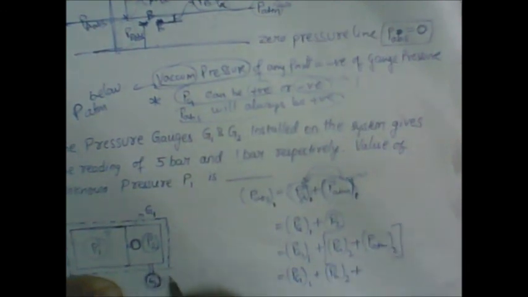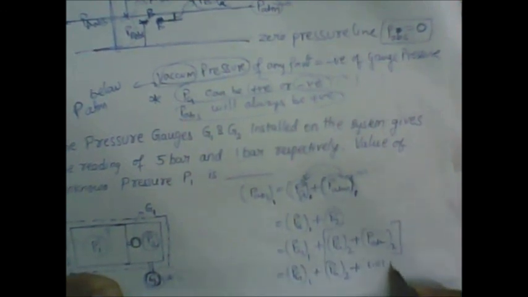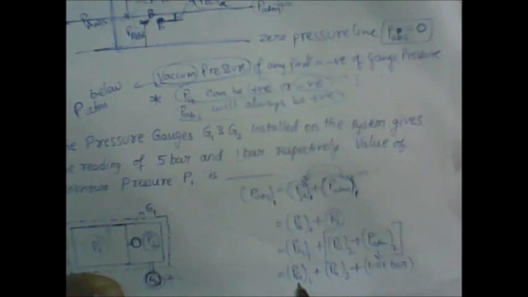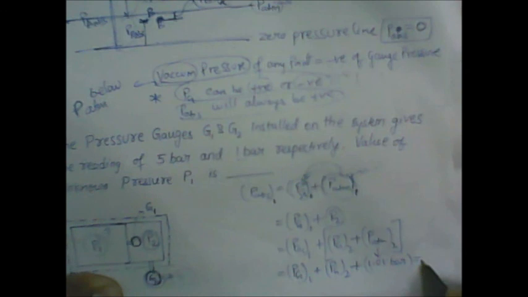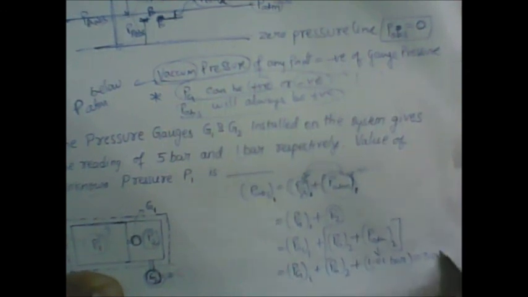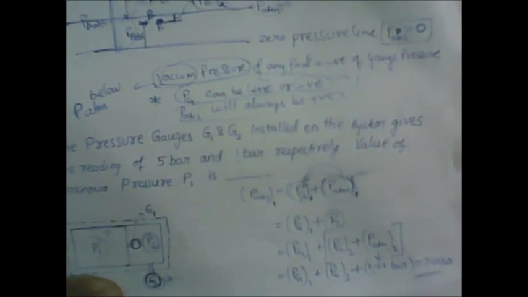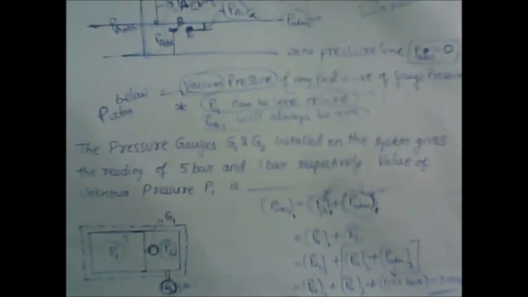This gauge is kept in an open environment, which is our surroundings, so directly you can take 1.01 bar. Now, pressure gauge 1 reads 5 bar and pressure gauge 2 reads 1 bar. Then plus 1.01 bar: 5 plus 1 is 6, plus 1.01 is 7.01 bar. Hope you are clear with the concept.